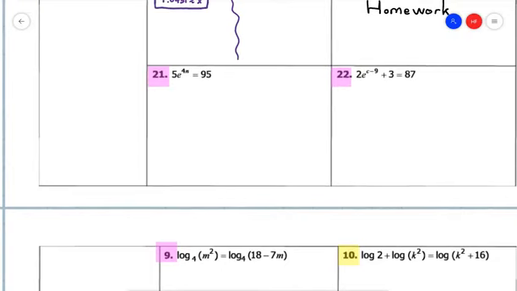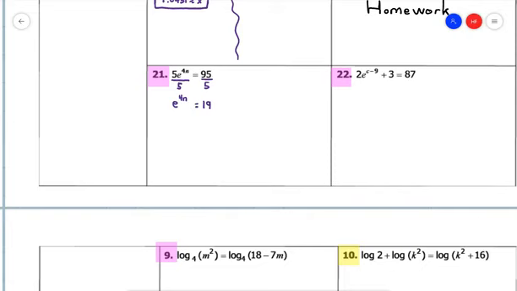Now in 21, we've got 5e to the 4n equals 95. So what I can do here is get that e isolated as much as I can and divide by that coefficient of 5 on both sides. And I get e to the power of 4n is equal to 19.